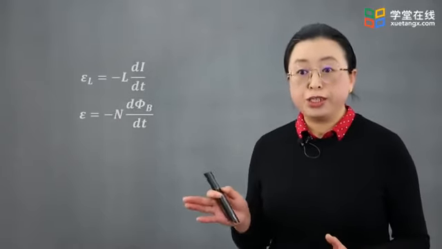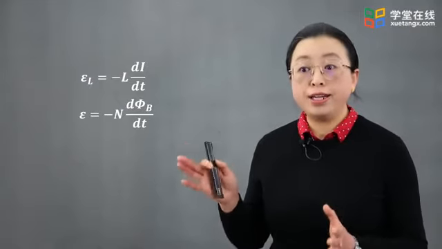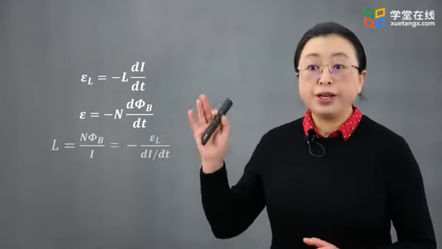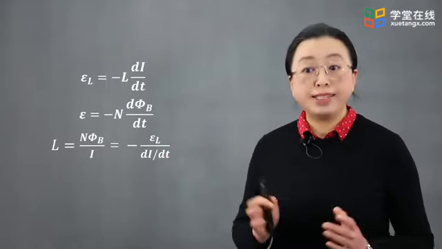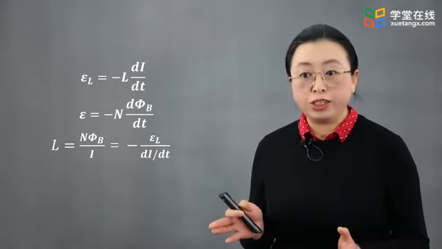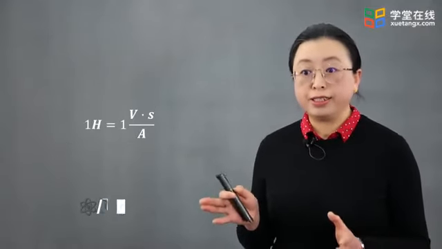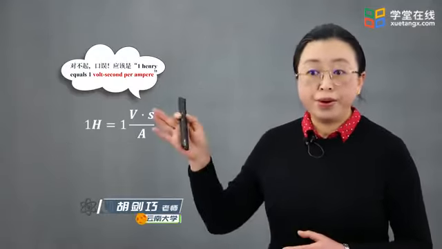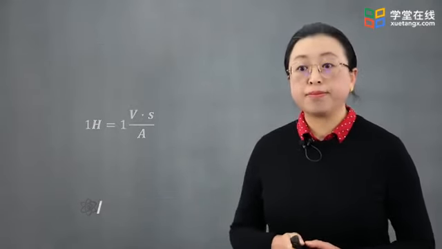From these two equations, we could obtain the expression for the inductance of an N-turn coil, L equals N times phi B over I. We could understand that the inductance is a measure of the opposition to a change in the current. The SI unit of inductance is the Henry. 1 Henry equals 1 volt second per ampere.